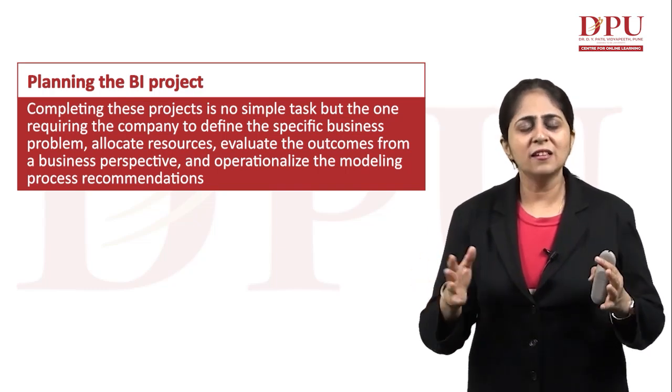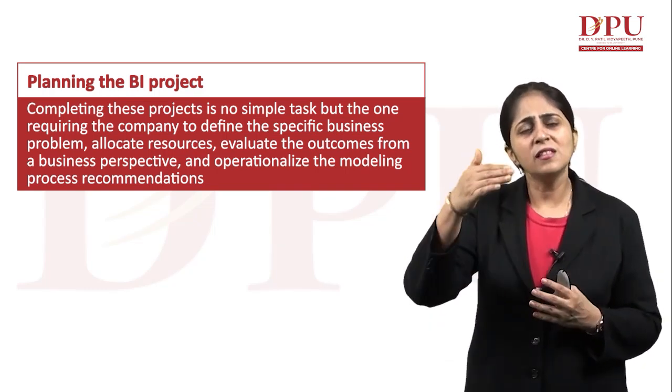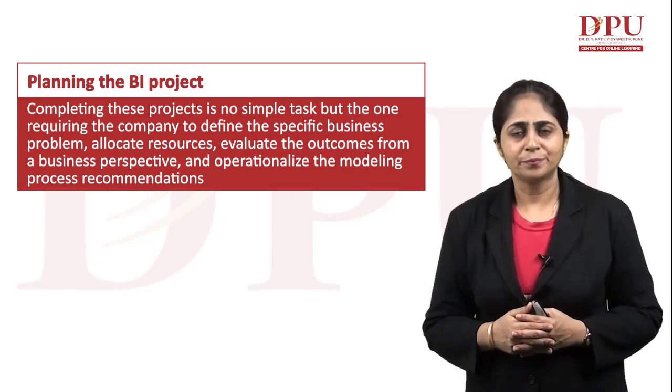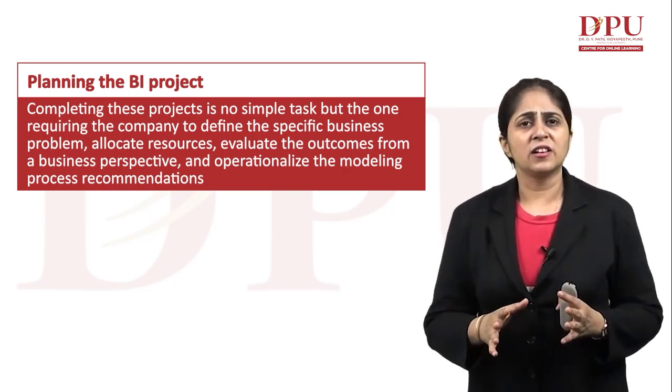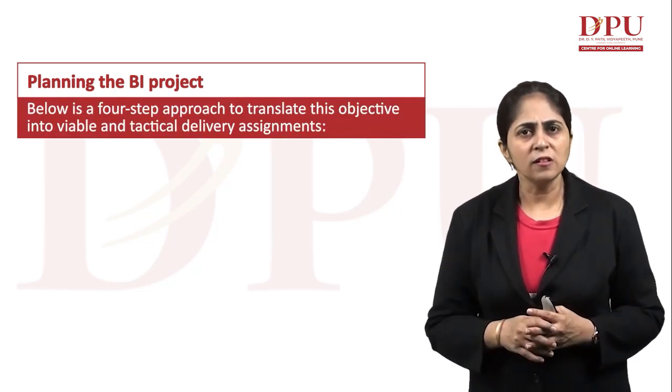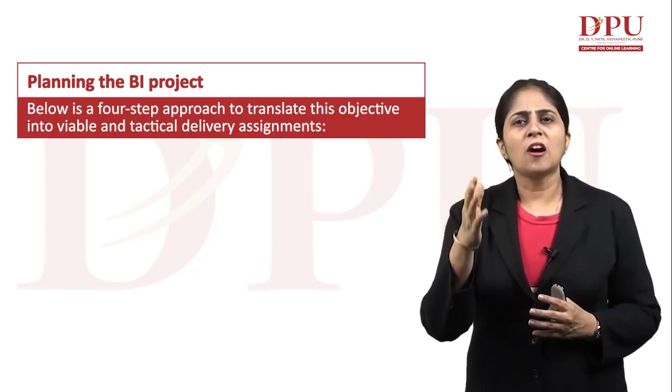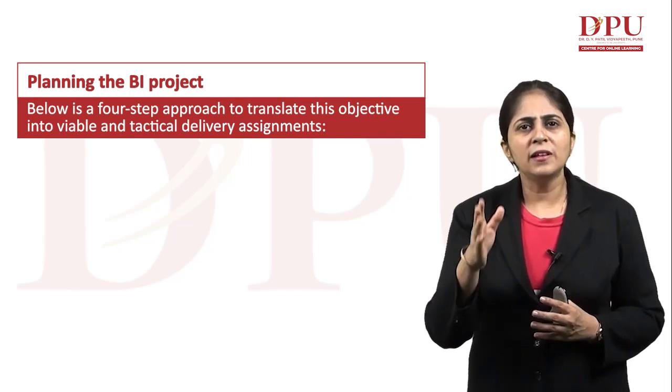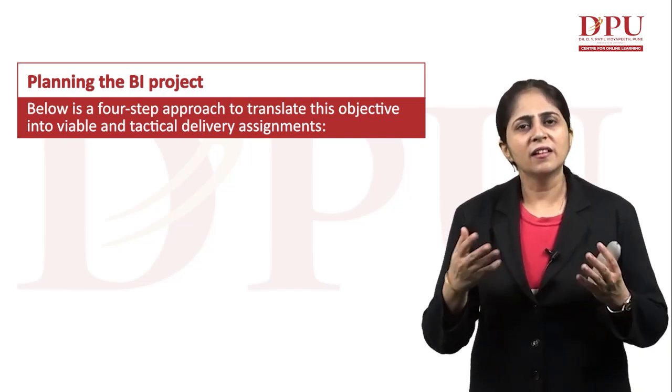Building this business intelligence project requires a number of tasks to be done. In a nutshell, there is a 4-step process to translate the objective into a visible and tactical delivery assignment.